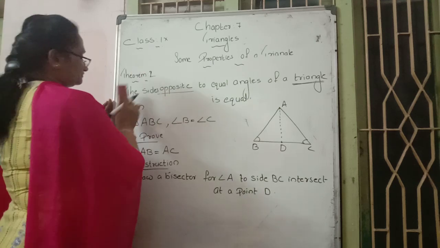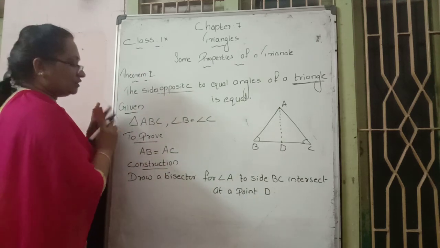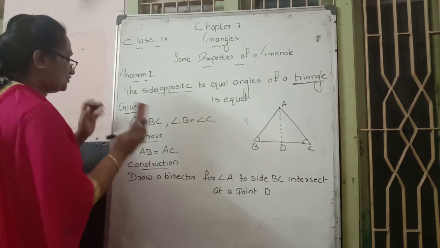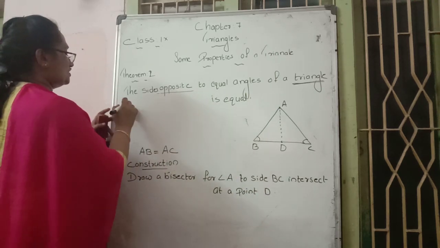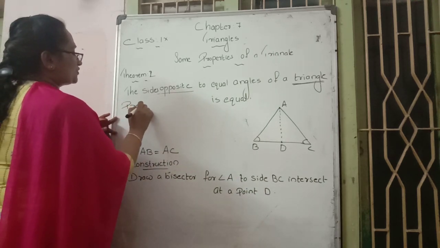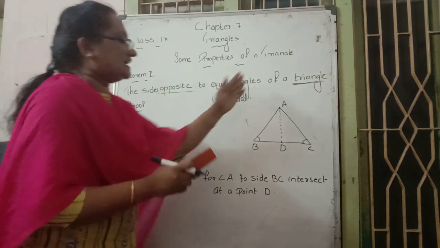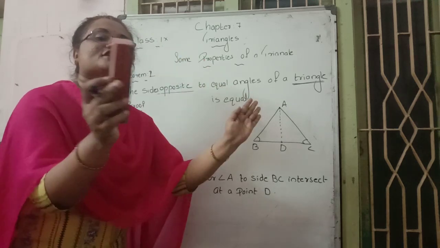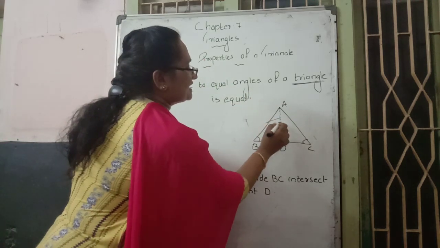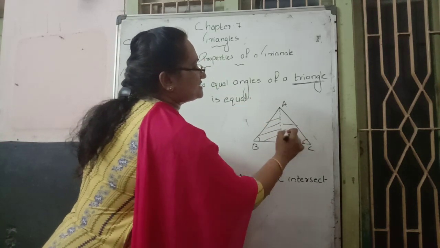Then next we do the proof, the fourth step. How to prove this one? In the proof, the bisector divides our triangle ABC into 2 triangles. Which are they? ABD and ACD.